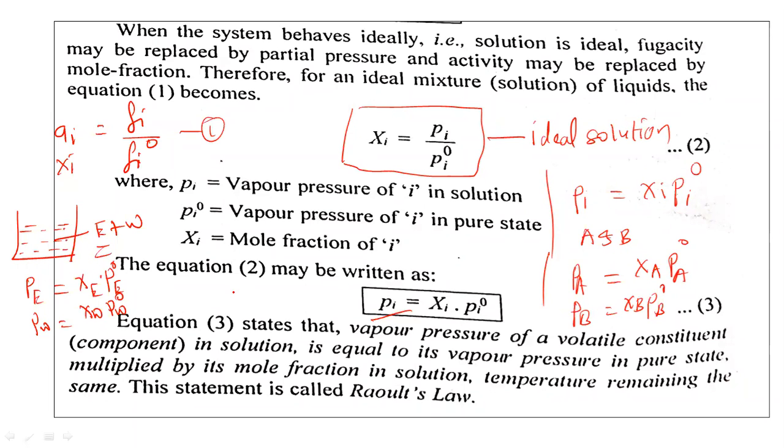So the equation states that the vapor pressure of the volatile constituent in a solution is equal to its vapor pressure in pure state. In this way, we derive Raoult's law here.